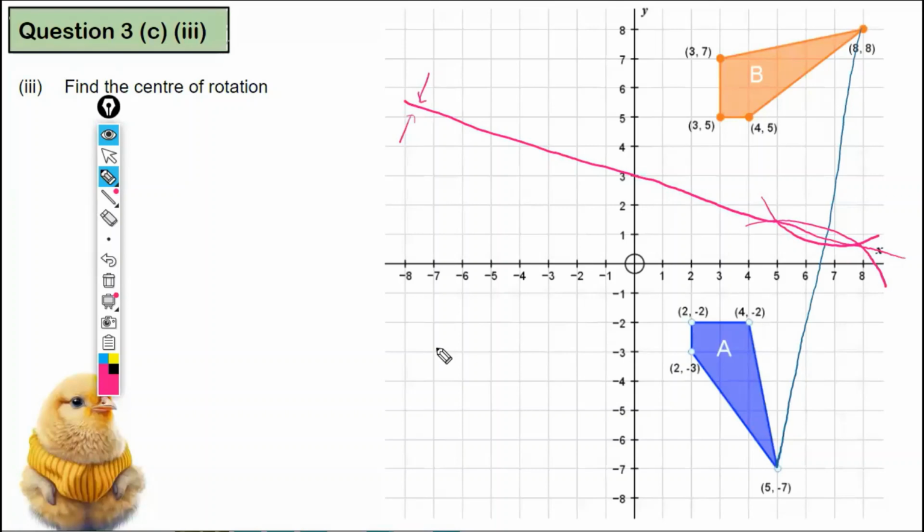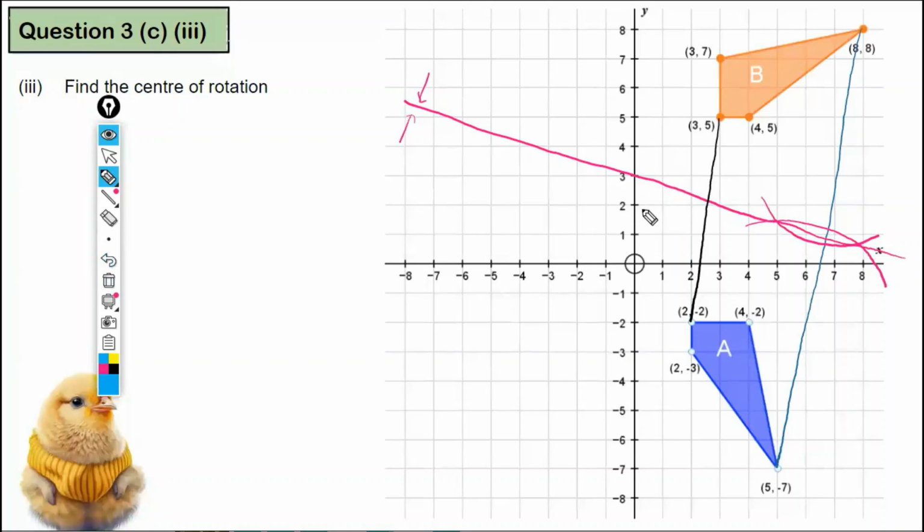Now we have to connect two other similar points. I believe these two points could be considered very similar, because this point became this point when it was rotated. And you're going to have to bisect that line also. Sorry, I'm not doing it very accurately here, because obviously I don't have a compass.